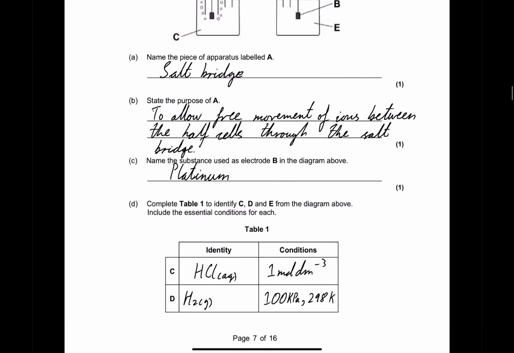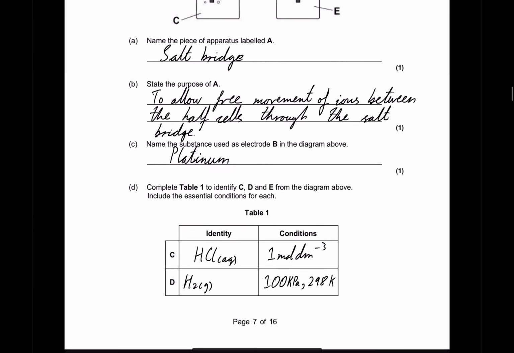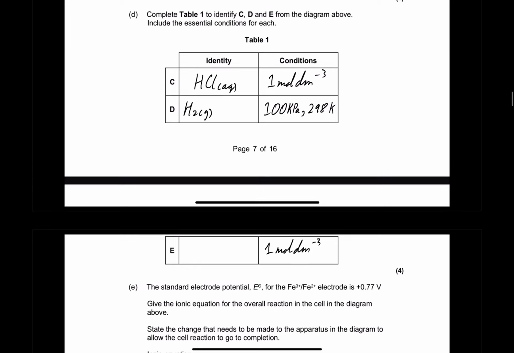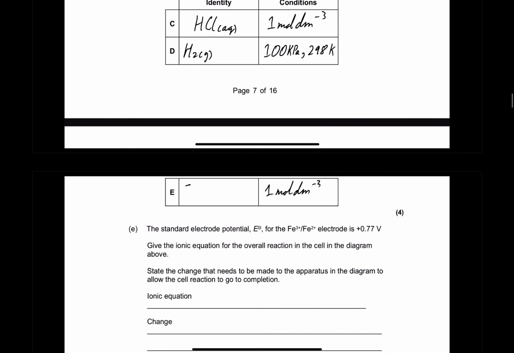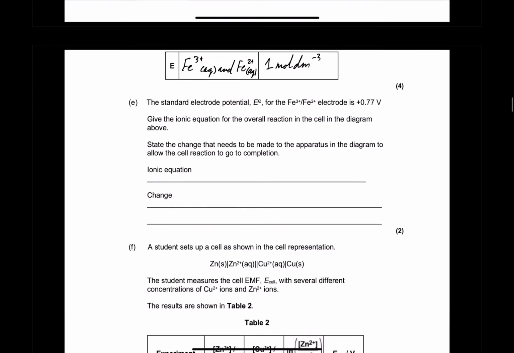We could use FeSO4, but technically you can get away with just saying Fe3+, because remember they will all dissociate down to Fe3+ and Fe2+ anyway. So a solution of Fe3+ aqueous and Fe2+, at 1 mole per dm cubed. The standard electrode potential for the Fe3+ Fe2+ electrode is plus 0.77.